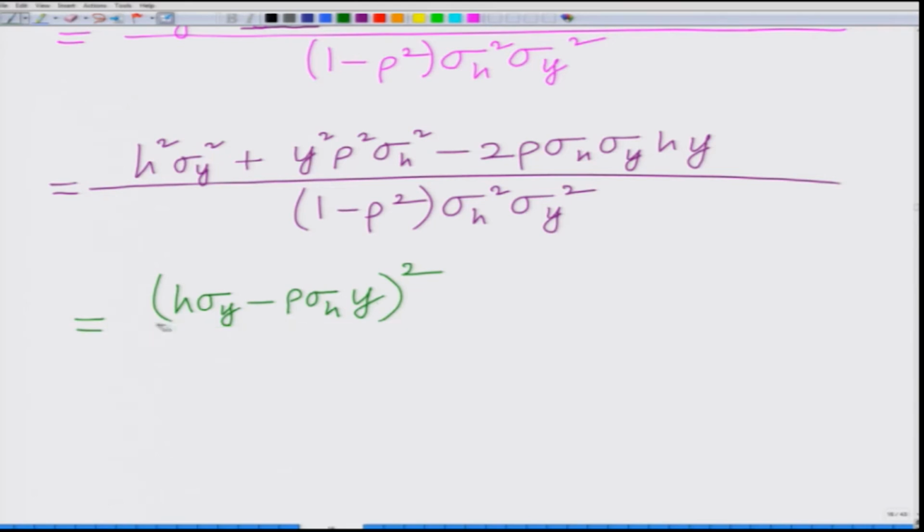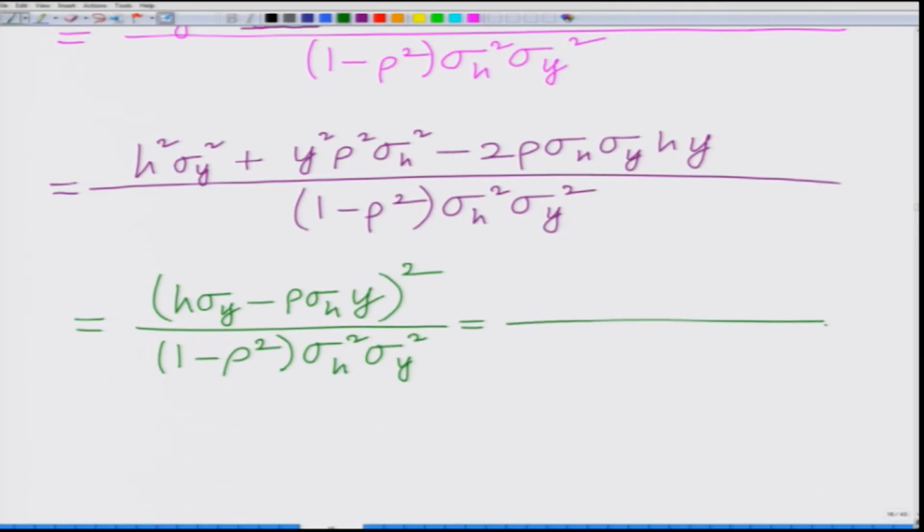Okay. So, this is nothing but h minus rho sigma h by sigma y times y, whole square, and once we have that, the rest is very simple. This is 1 minus rho square sigma h square sigma y square. Now take sigma y square common from the numerator and denominator.